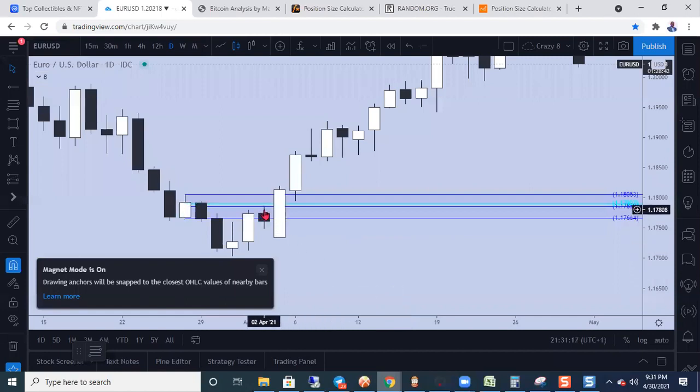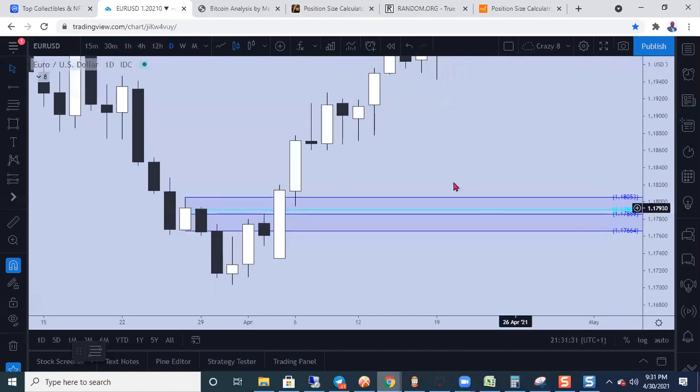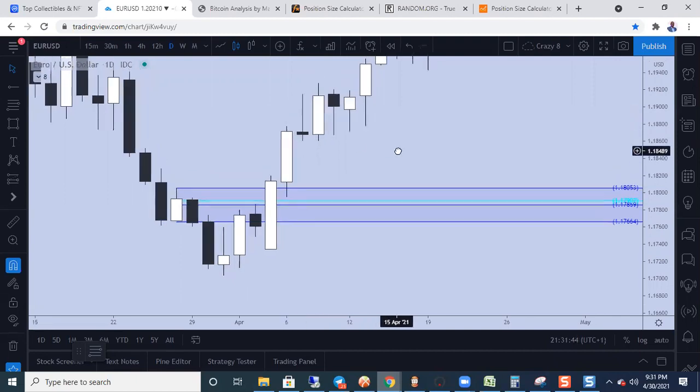Notice price came to the preferred entry and sold, but then price invalidated the sell. And once price invalidated the sell, we said that the upper part of the AQZ block becomes our buy. Notice how price came and then bought, right?